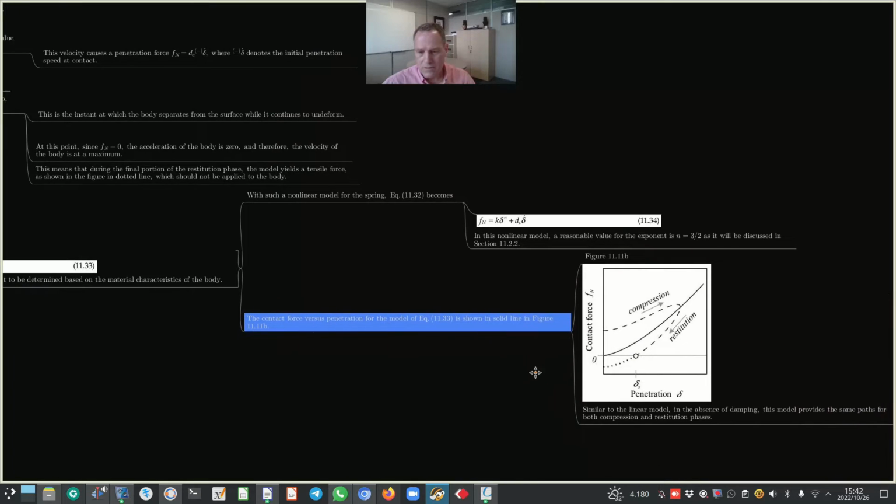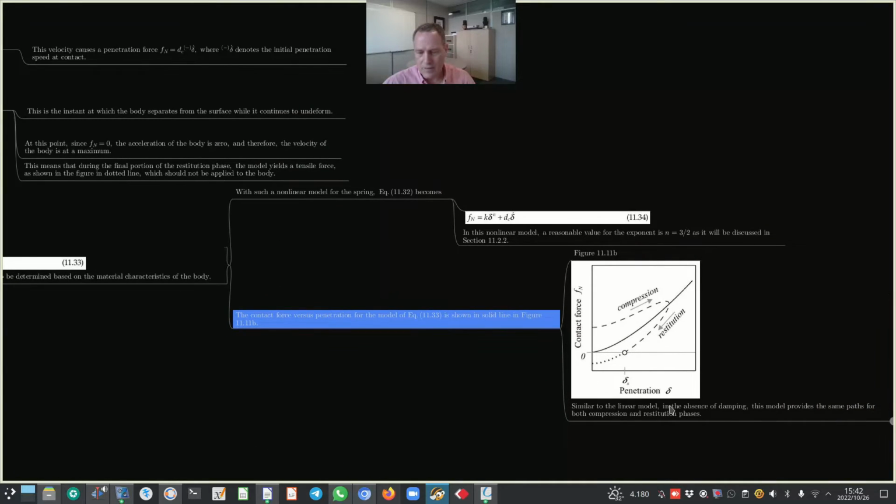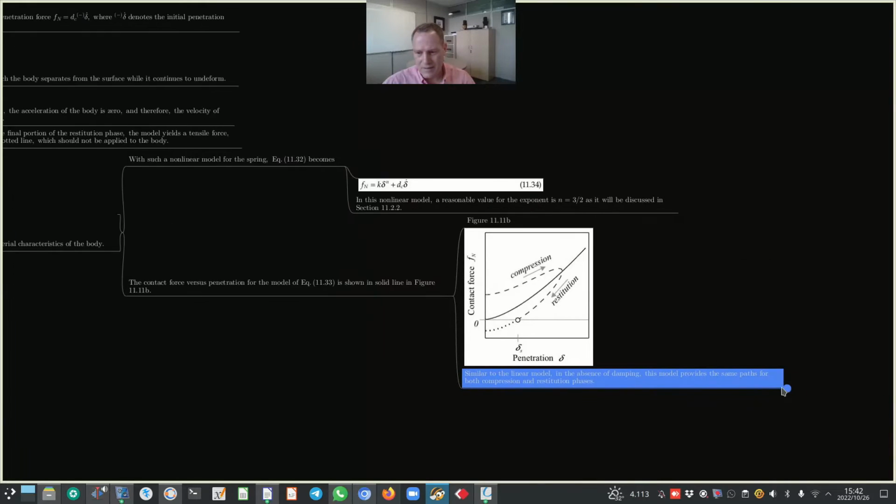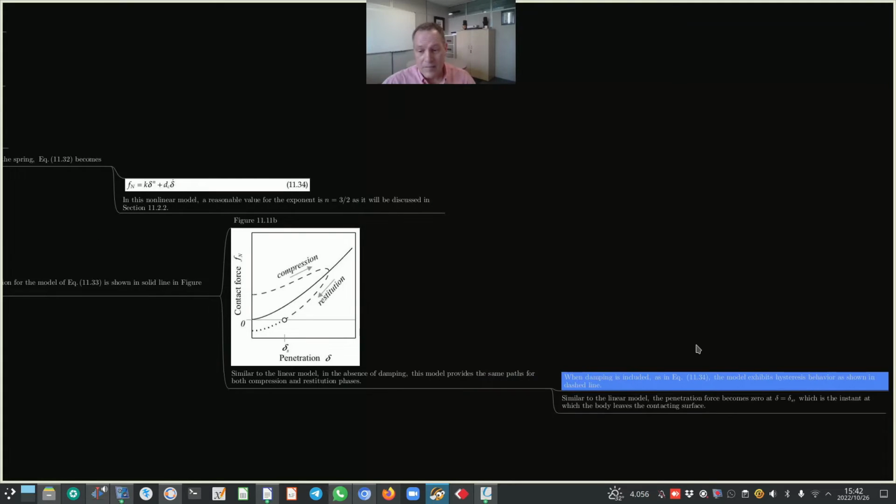Now, let's just talk about this figure in a bit more detail. Similar to the linear model, in the absence of damping, this model provides the same paths for both compression and restitution phases. When damping is included, however, as in equation 11.34, the model exhibits hysteresis behavior as shown in the dashed line.